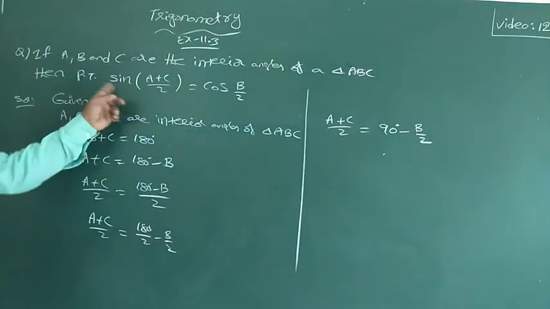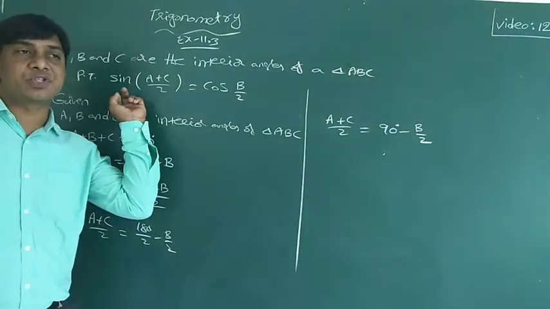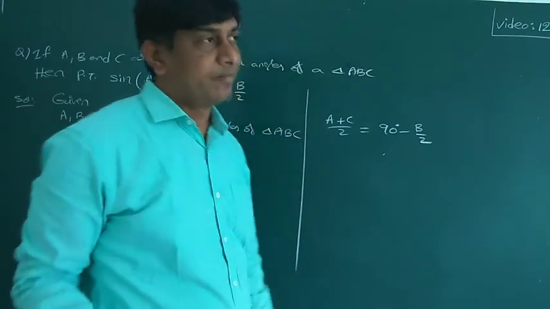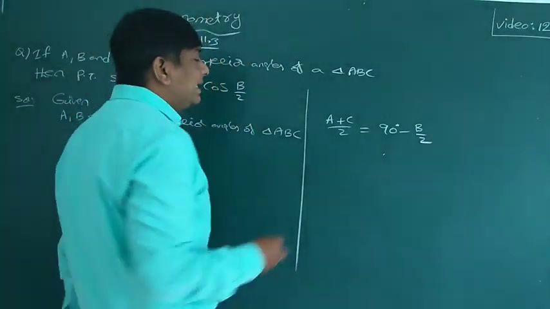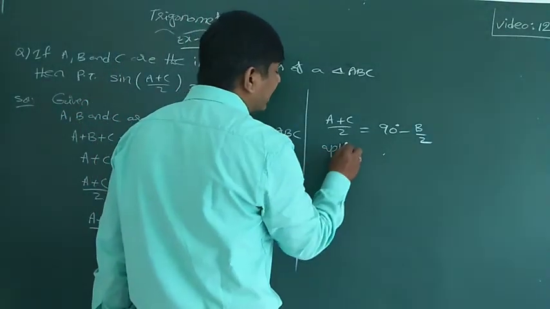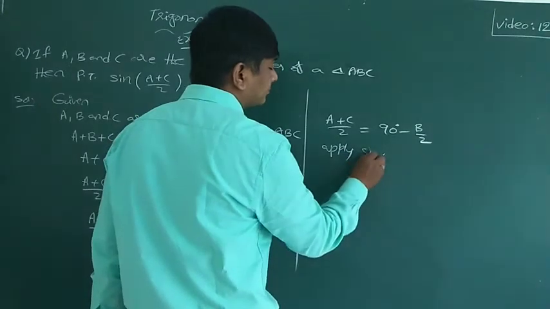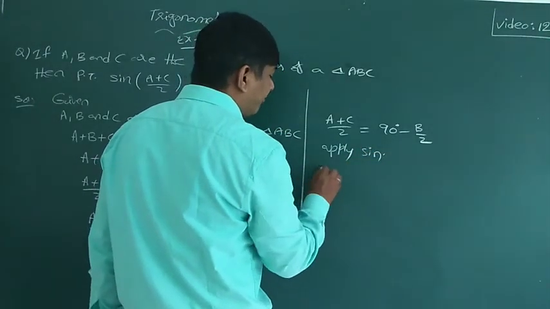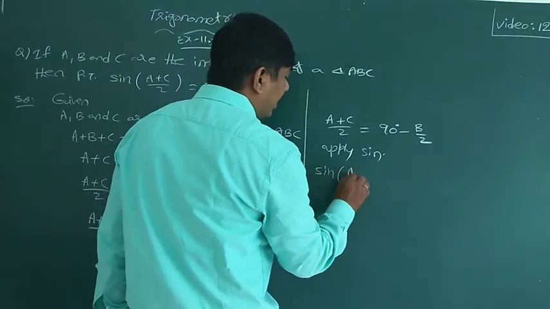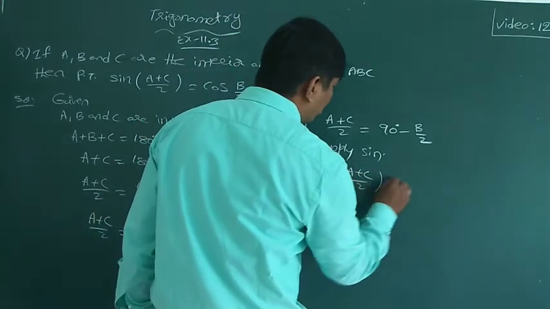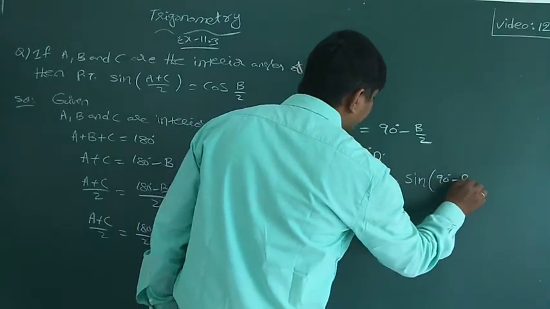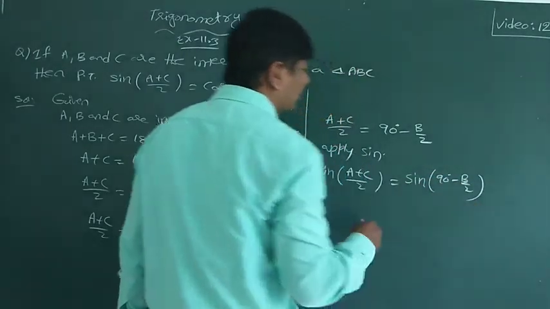Since on the left-hand side I require sine, apply sine on both sides. Sine of A plus C by 2 is equal to sine of 90 degrees minus B by 2.